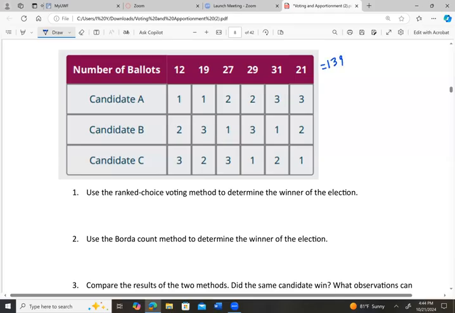So I need 70 votes for a majority. Now I need to add up the number of first place votes. 12 and 19 is 31. 27 and 31 is 58. And 29 and 21 is 50. Okay, I don't have anybody with a majority.